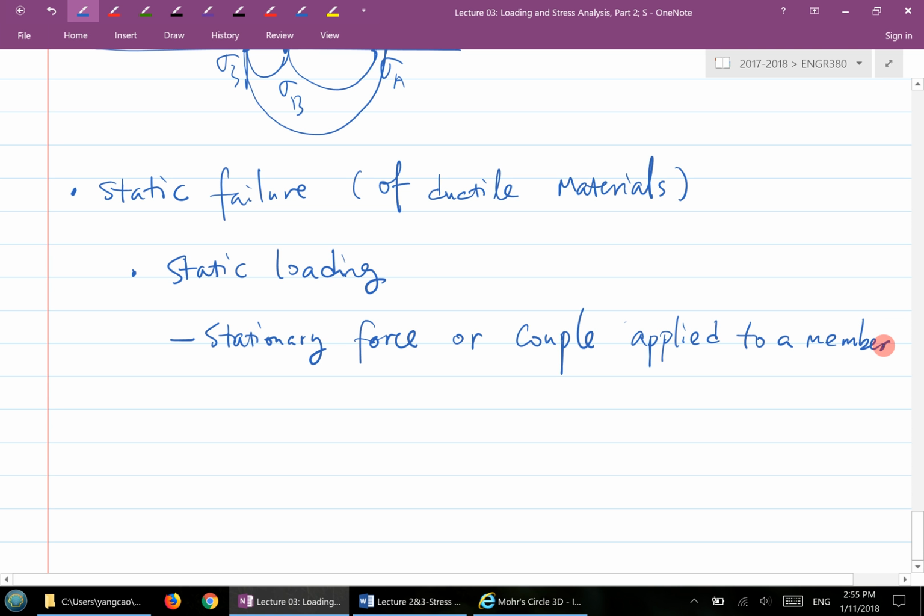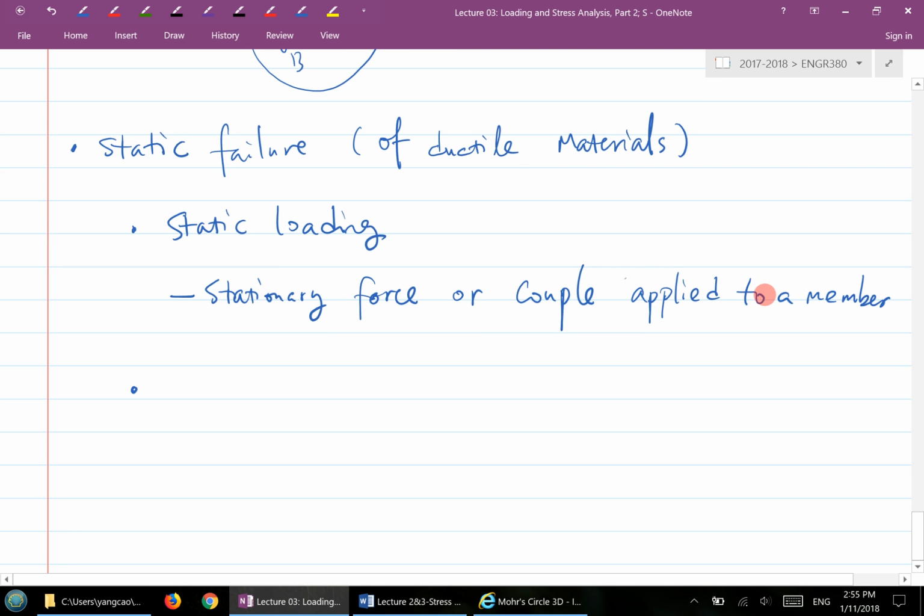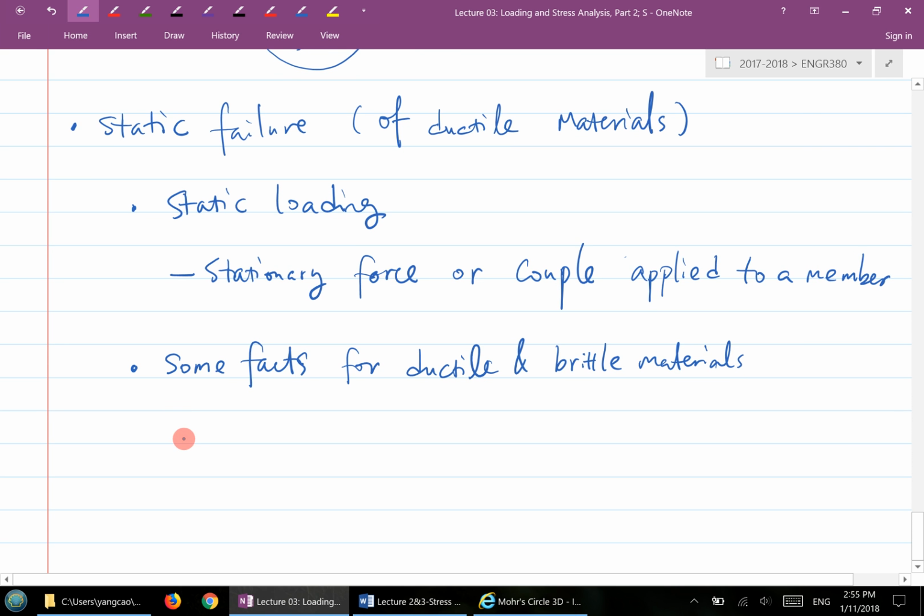I also want to lay down some facts first. These are basically what you learn in material science, and we're talking about facts for both ductile and brittle materials. Let me write down a few pieces of information right here.